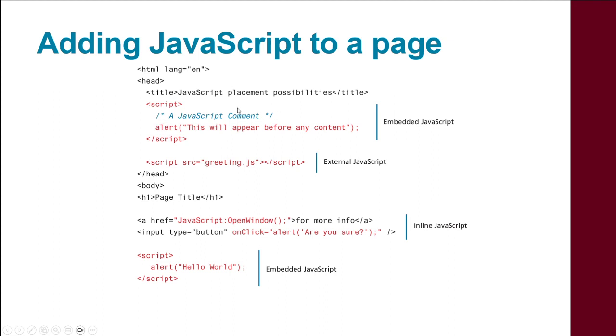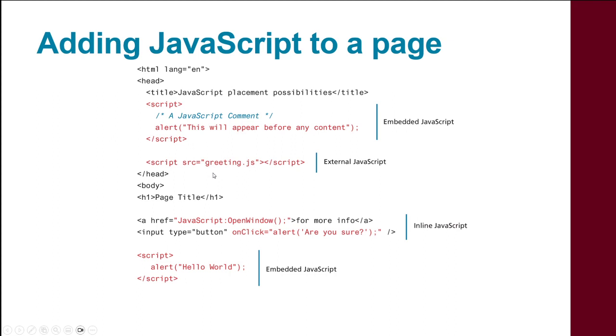This is how you write a comment in JavaScript. And then your script content. And what alert does is it makes a pop-up window. It makes a pop-up window. And that pop-up window, whatever you want it to say, goes inside the alert. And then you close your script tag. So that's embedded. You have an opening and a closing.